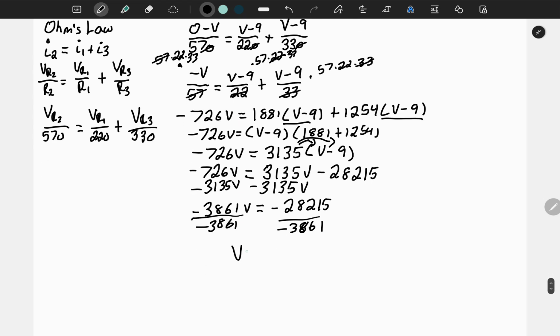And this gives us a voltage of 7.3 volts. The numbers get a little crazy, but in all honesty, the reason why this became so crazy was mostly because all the resistors that we can use in real life are a few hundred ohms.